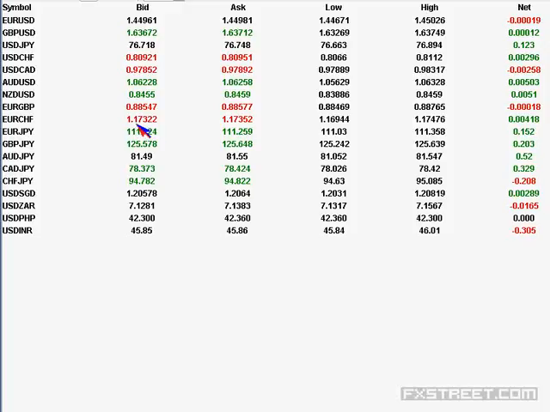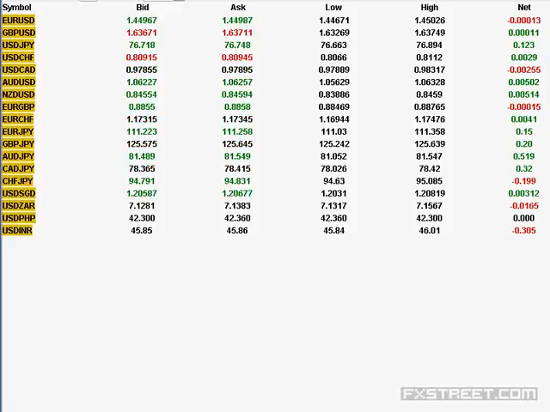Currently it is trading around 1.173 to 1.1734; 1.1694 is the low, 1.1747 is the high, and 41 pips positive net change is seen. So when Euro GBP is showing nominal negative net change, Euro CHF is showing positive net change because of the gains in USD CHF.